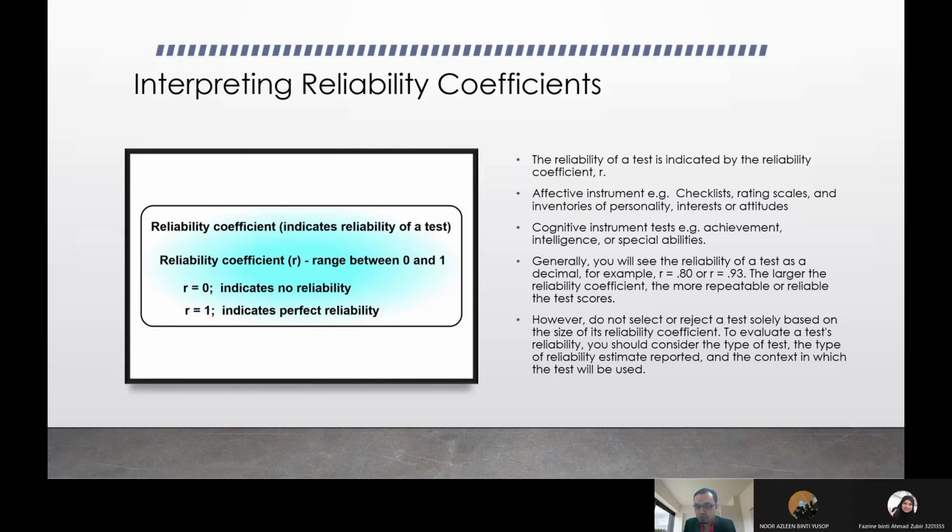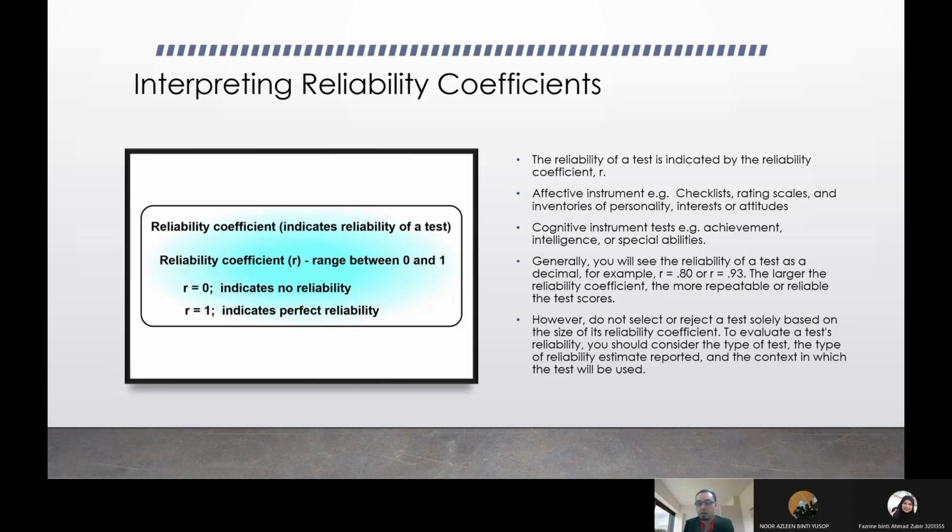So when we read through the literature, research article or journal article, when we are doing our article review, I believe we will come across this term. So as explained by Madam Fazrine and Madam Azleen just now, the reliability result is in between 0 to 1. So the reliability of a test is indicated by the reliability coefficient.